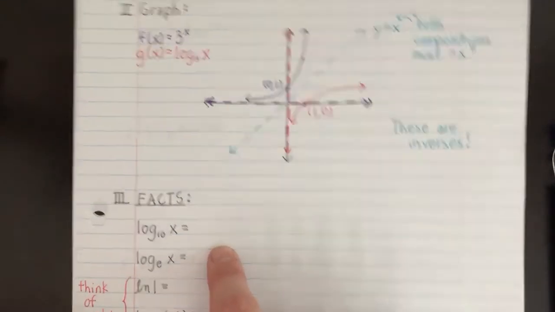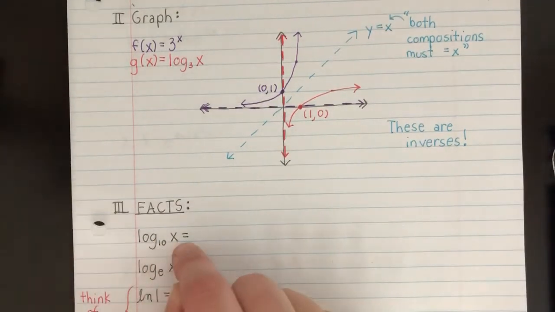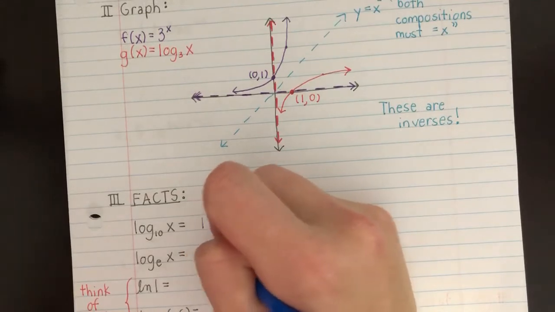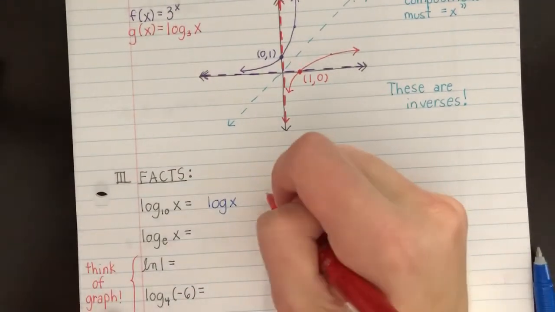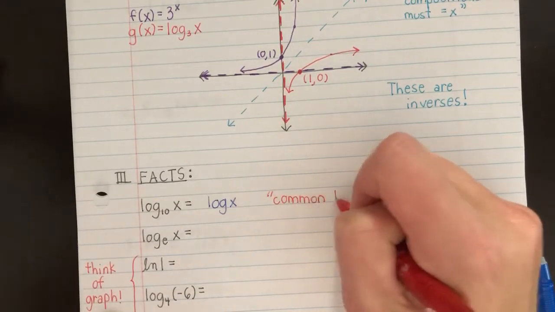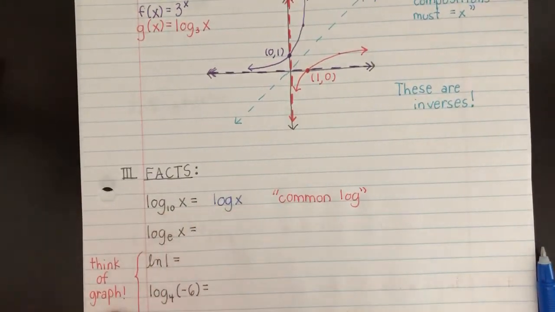So now let's talk about some facts, different log facts. So log base 10 of x can also be written as just log of x. Remember that this is called common log, and when there is no base written, base 10 is implied. So these two things mean the same thing.